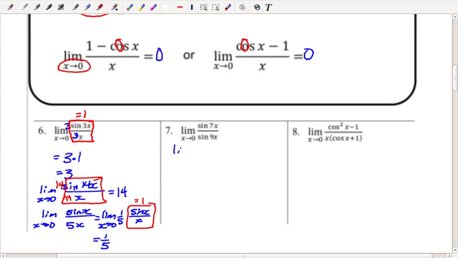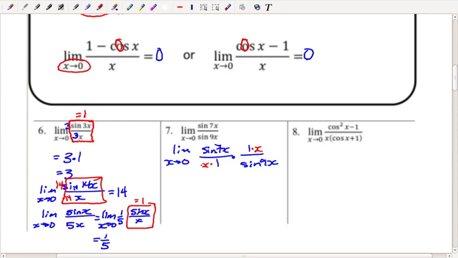What I can do is I can actually break these into 2 fractions instead of just 1, so I'd have sine of 7x over 1 times 1 over sine of 9x, because 9x needs to go on the bottom. And then in that case, I can multiply top and bottom, or in this case, bottom of this fraction and top of this fraction by x, so they would cancel out and get me back to where I started. So I haven't actually changed my question. I've got sine of 7x over x and x over sine 9x.